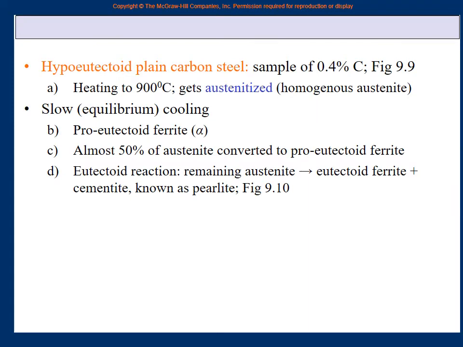So let us now talk about hypo-eutectoid plain carbon steel. If you were in the class, I would generally ask questions and you would respond, and it would be more lively. Forget about material science and physics.